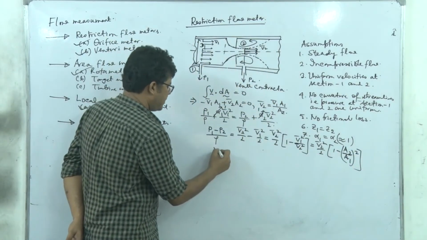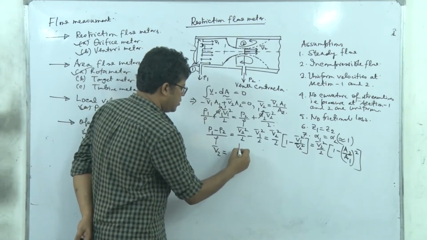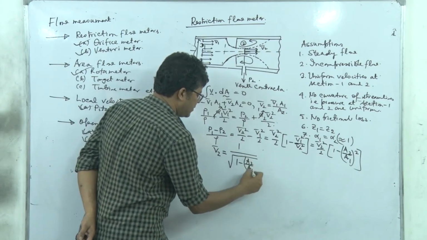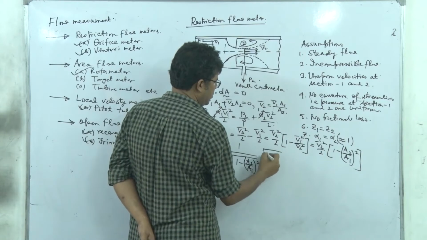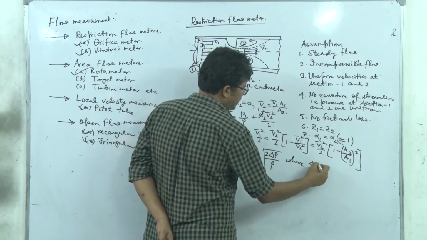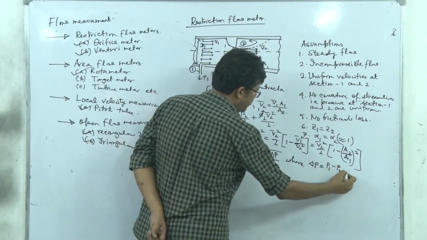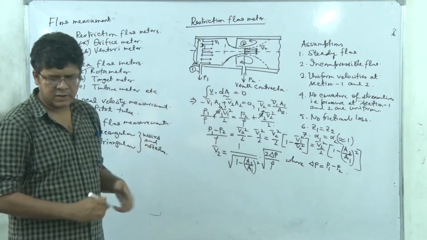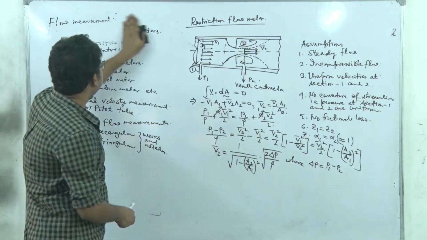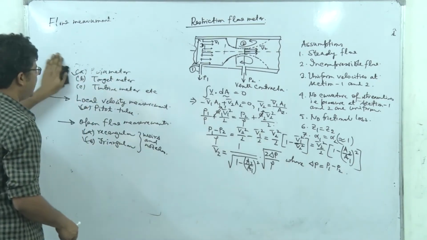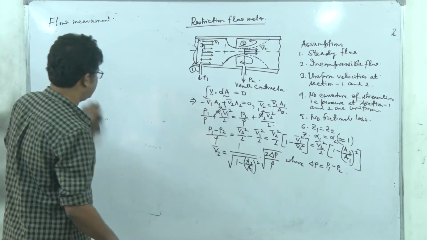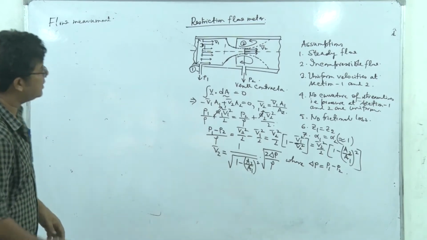So V2 bar is equal to 1 by the square root of 1 minus (A2 by A1) whole square, into the square root of 2 delta P divided by rho, where the pressure drop delta P is P1 minus P2. Correct? So if we multiply this velocity by the density and the respective area, definitely we will get the theoretical estimate of the mass flow rate.